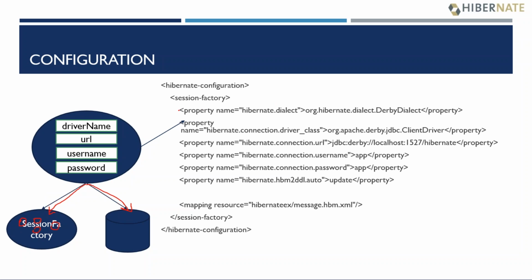If you see over here, you've got the Hibernate configuration file. Within that, you're having the session factory. In the session factory, you're writing all the configuration related data: the driver class, URL, username, and the password.